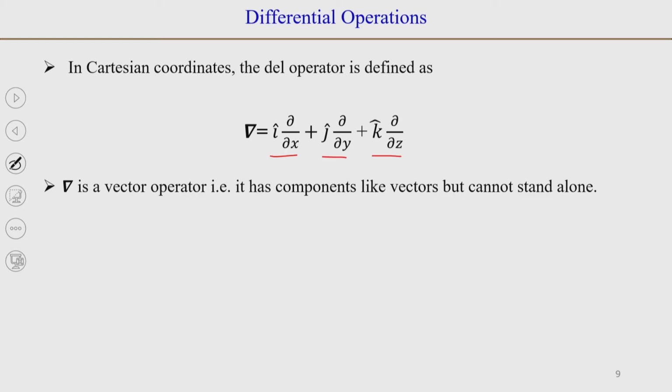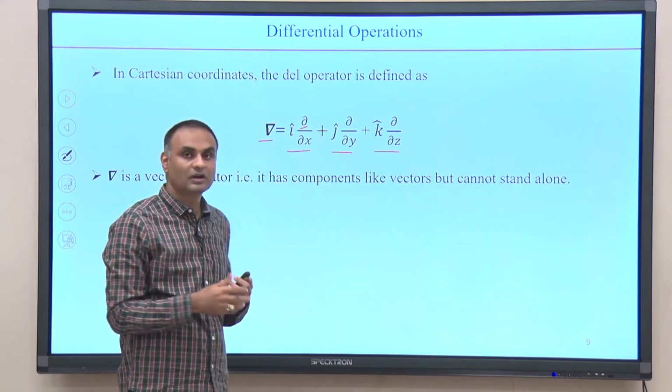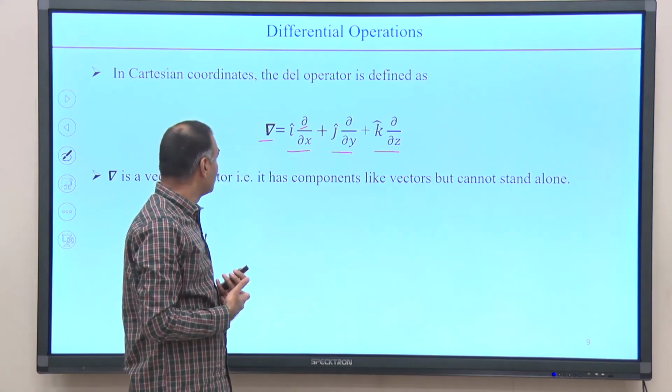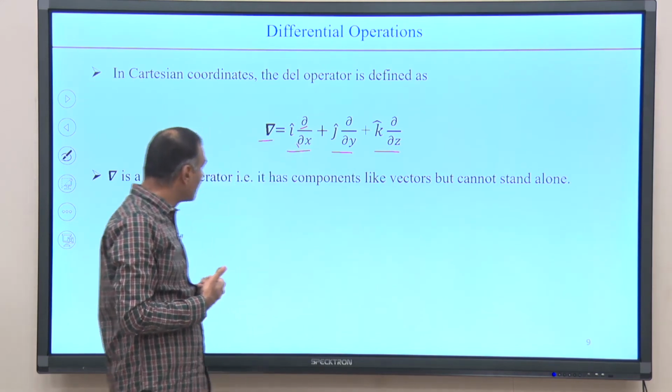You might notice this symbol, the inverted triangle or triangle upside down, we call it del, and this other symbol is also, I generally keep pronouncing it del. Because of habit I use del for both, but to differentiate between the two, you can pronounce this symbol as do.